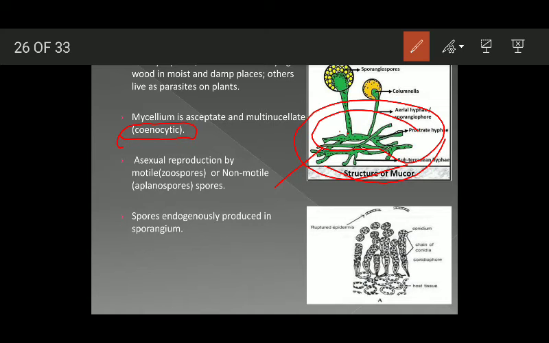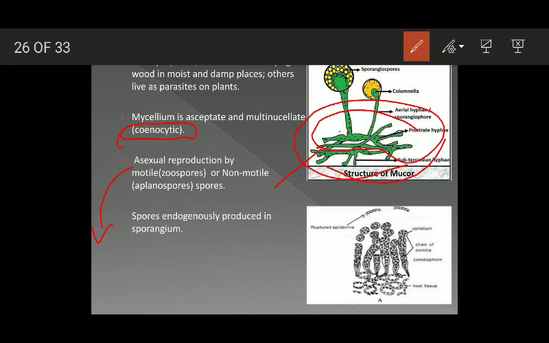Now, asexual reproduction. Asexual reproduction in case of Phycomycetes occurs by the formation of both motile zoospores and non-motile aplanospores. In some species of Phycomycetes, zoospore formation takes place, while in others, aplanospores are produced, non-motile spores.